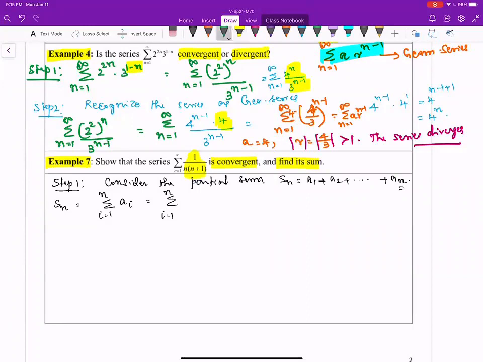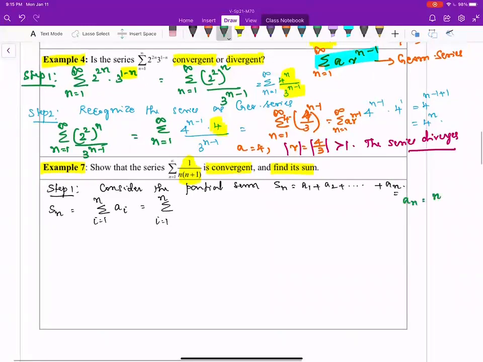Sorry, a sub n is actually 1 over n times n plus 1. So a sub i is obtained by replacing n by i, and it would be 1 over i times i plus 1.